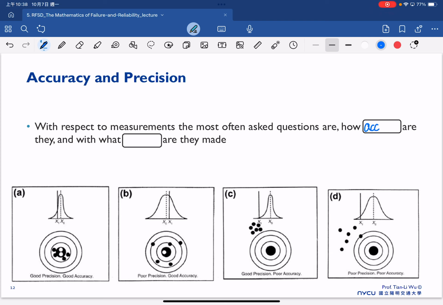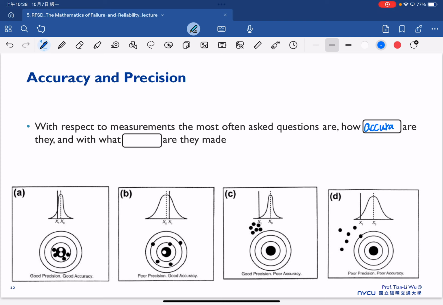And what precision are they made? So here is an example, just trying to give the concept related to the accuracy and also the precision.